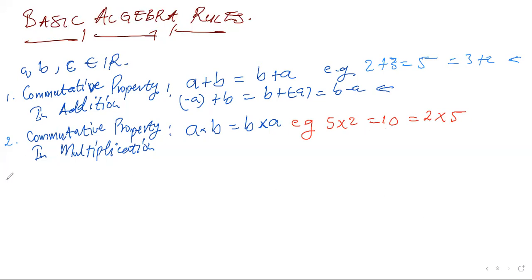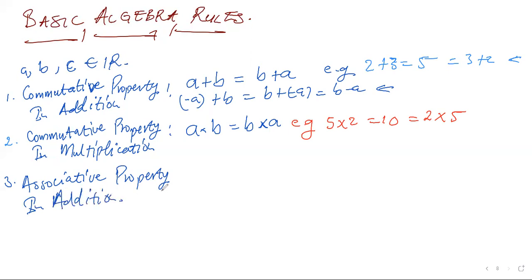So the next one, we're done with commutativity. We talk about associativity. Associative property, I should have said associative. Associative property in addition.